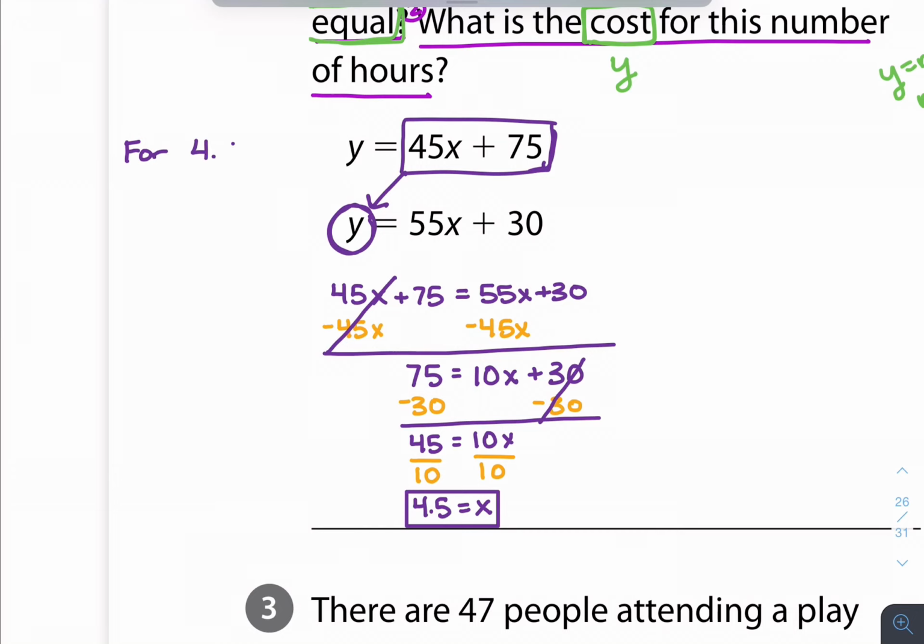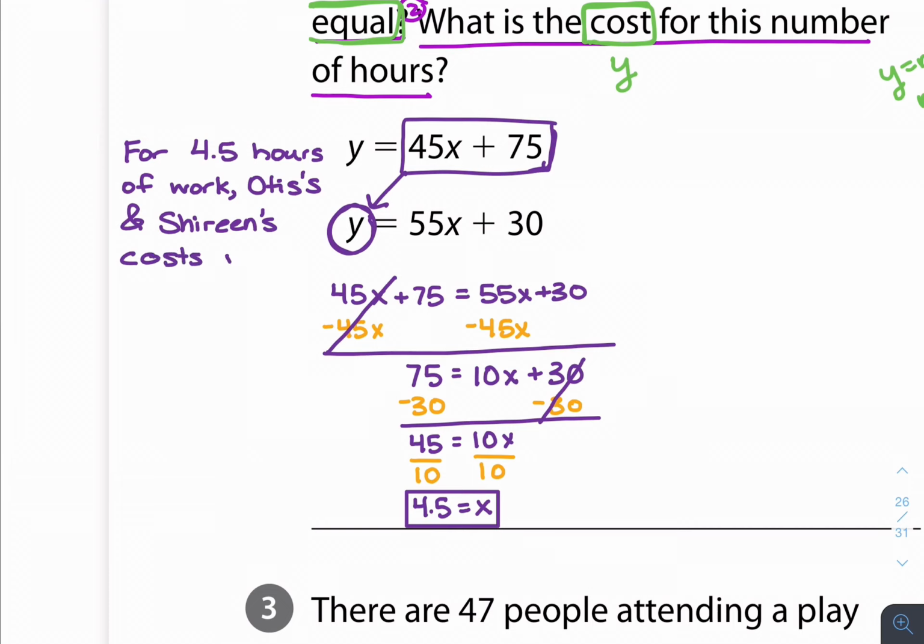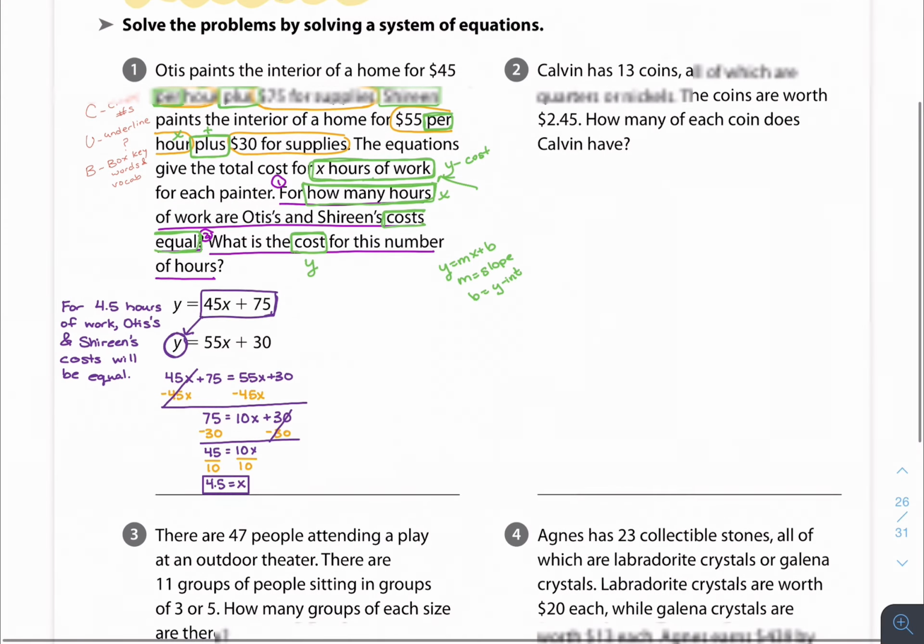For 4.5 hours of work, Otis's and Shireen's costs will be equal. All right, first question answered.